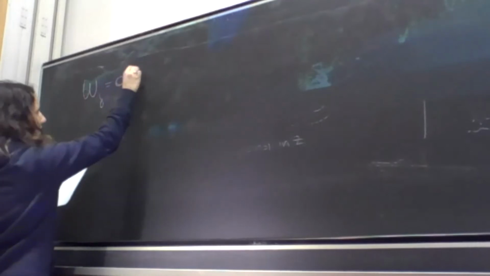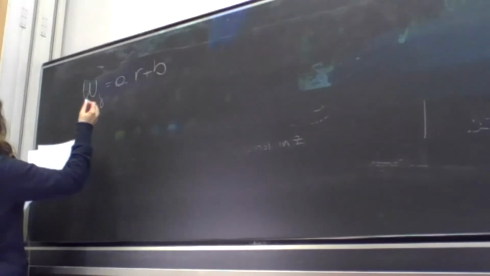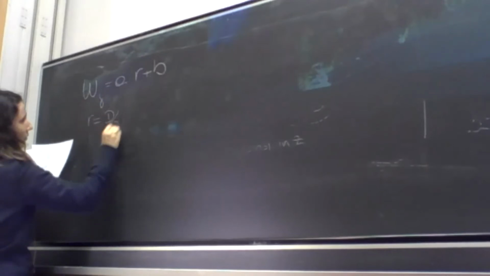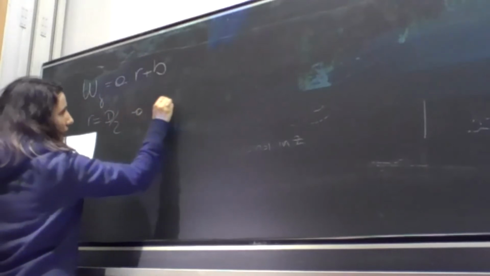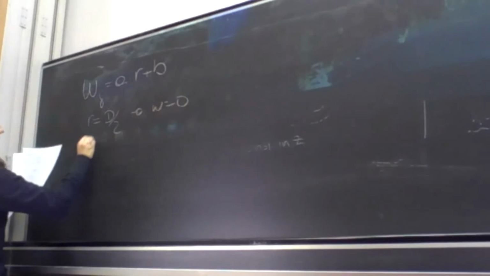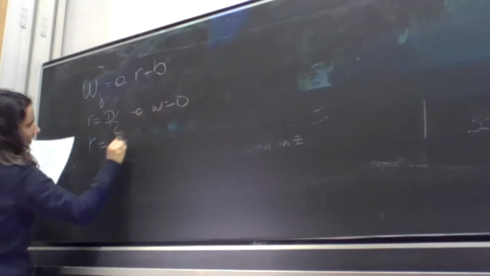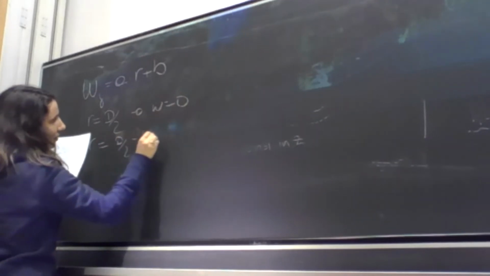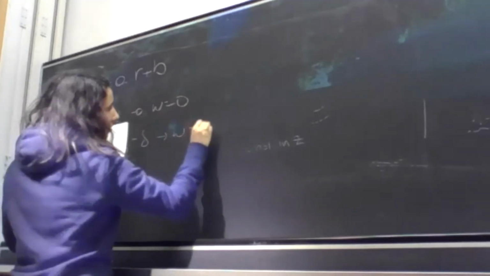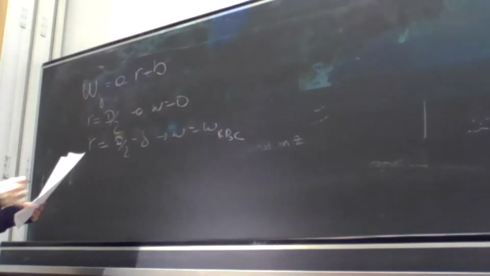You can write it as A multiplied by the radius plus B. When R is equal to zero, you have omega equals 0, and when R is equal to the outer radius, you have the wall velocity.